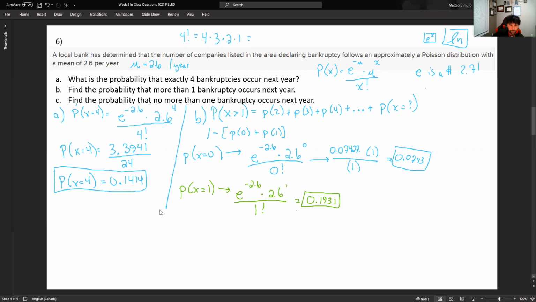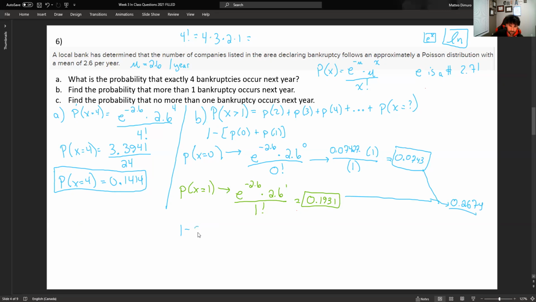Got to add these up, and we're going to go 1 minus these two answers. So when you add those up, go ahead, take them, add them together. These two numbers here, I got 0.2674. Okay, that's not the answer. We still have to subtract it from 1.